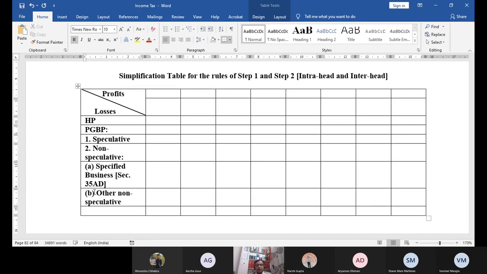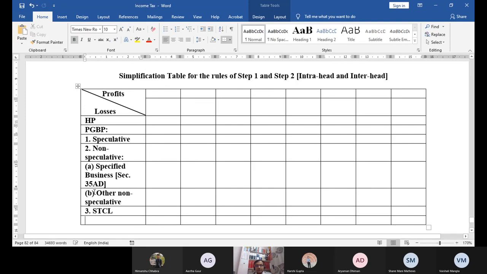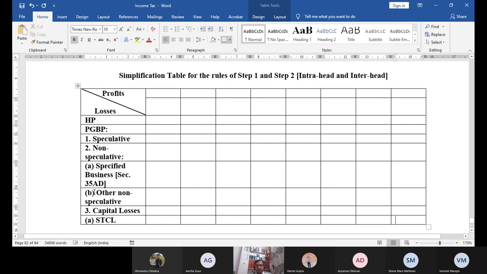Then my third point is capital gain. Within capital gain, capital losses, I should rather use the word: short-term capital loss, long-term capital loss.